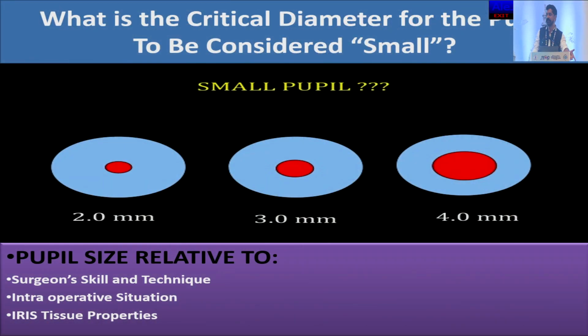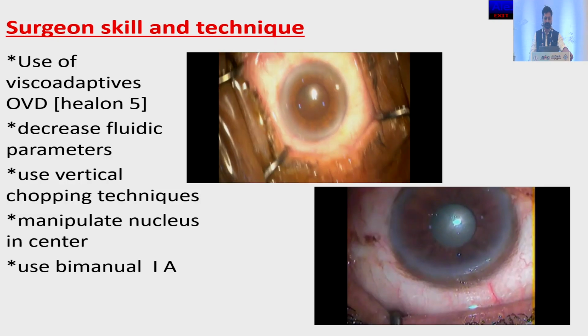What is the critical diameter for a pupil to be called small? You can do it even in 2 millimeter, 3 millimeter, 4 millimeter. The pupil size relates to the surgeon's skill and technical skills, intraoperative situations, and iris tissue properties.